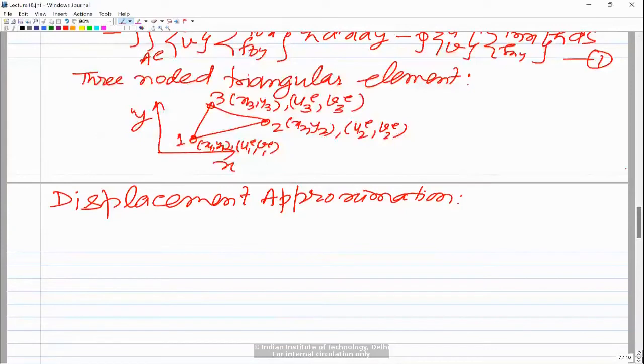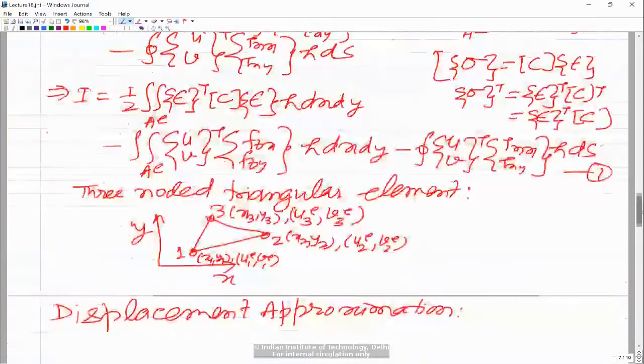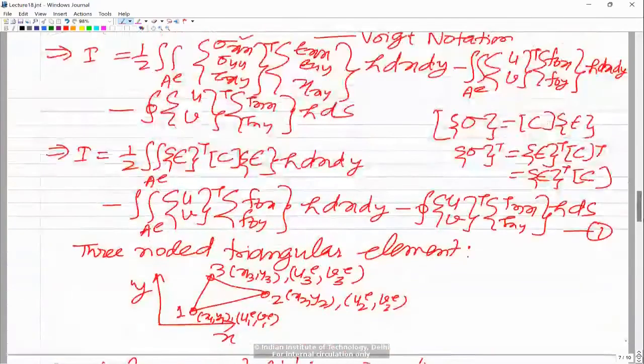If you look at the differentiability requirement, in the integral functional we have the strains, and the highest order derivative is the first derivative of u and v with respect to x and y. So the highest derivative of displacement present in the integral functional is the first derivative, and u and v are the primary variables. Whatever we assume should be differentiable at least once.